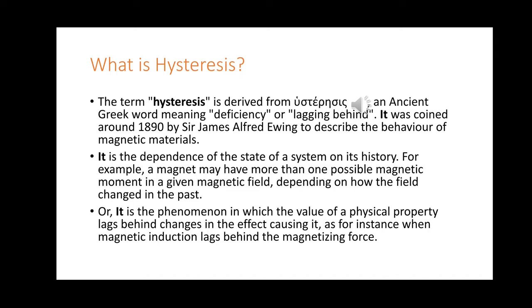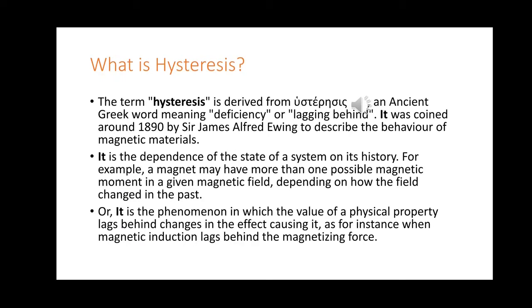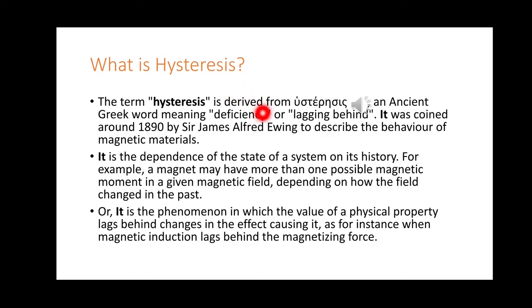This word is derived from an ancient Greek word meaning deficiency or lagging behind. This word was used for explaining the behavior of magnetic material by Sir James Alfred Ewing.